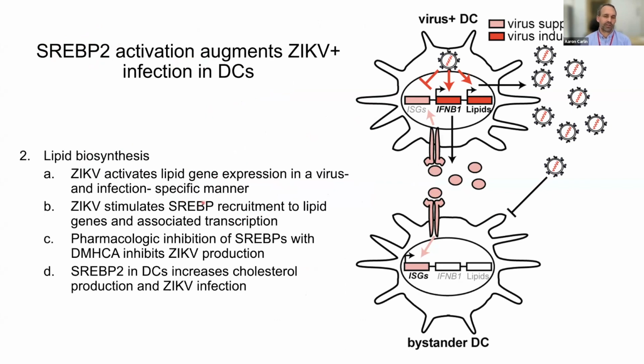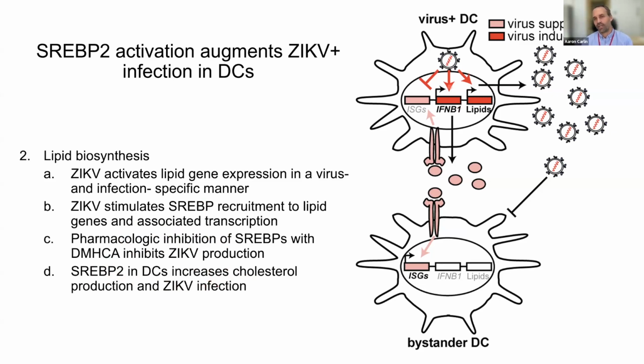It stimulates SREBP activation and recruitment to lipid genes and associated transcription. This is pharmacologically targetable and could block infection. And SREBP2 does this by increasing cholesterol production, which allows the increased production and release of infectious Zika virus.